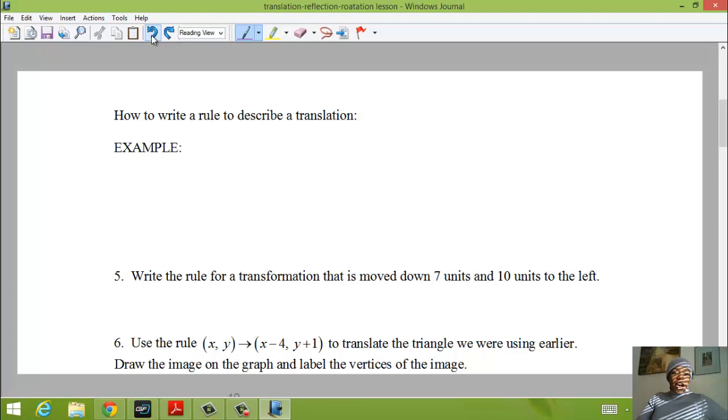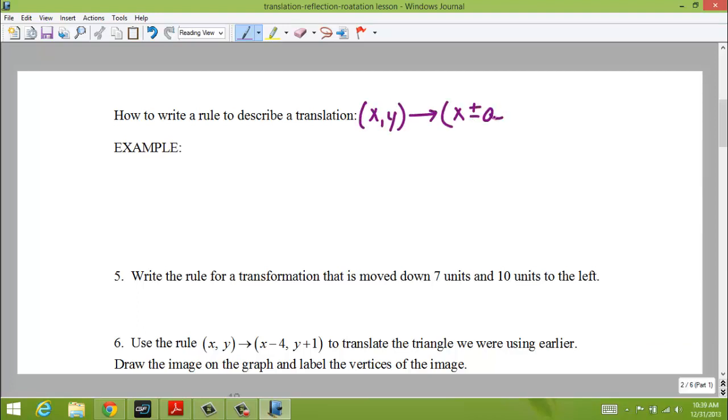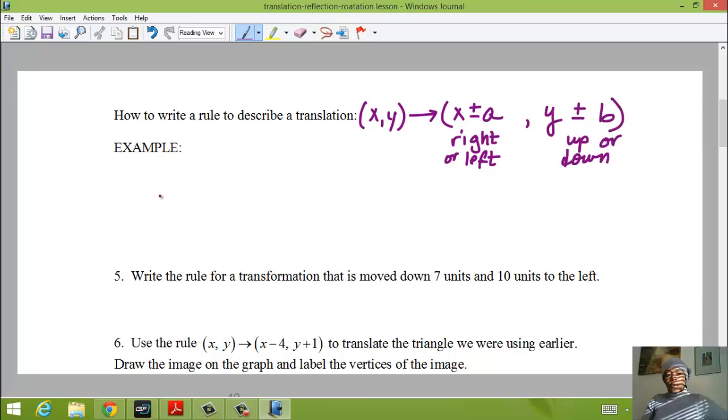Okay, how to write a rule to describe a translation. Let's start with the basic formula here. So you have an x, y coordinate. We're going to take our pre-image coordinates and we're going to do this.